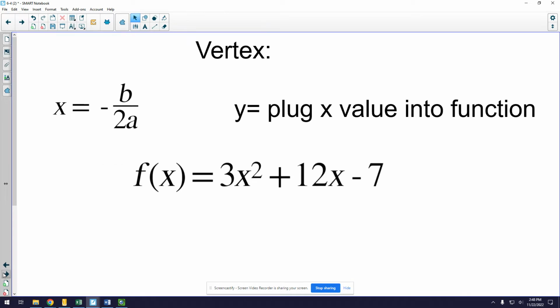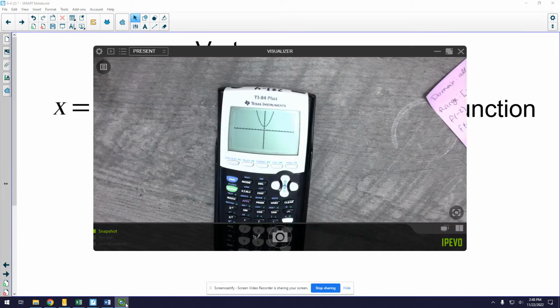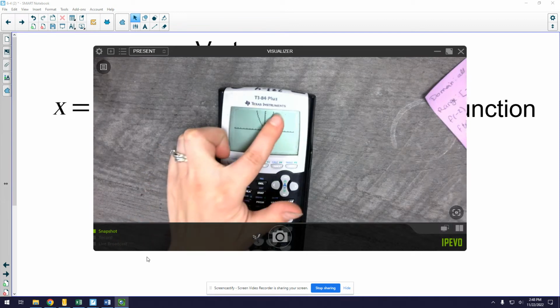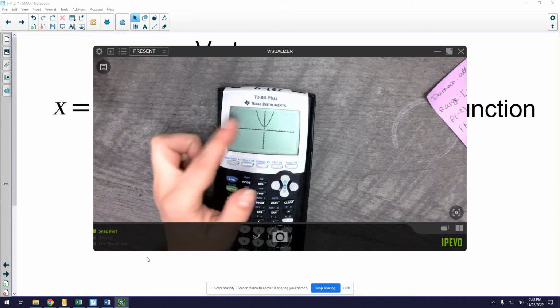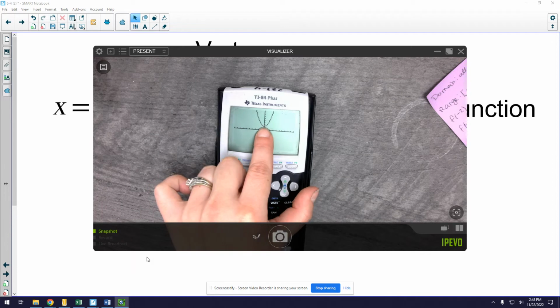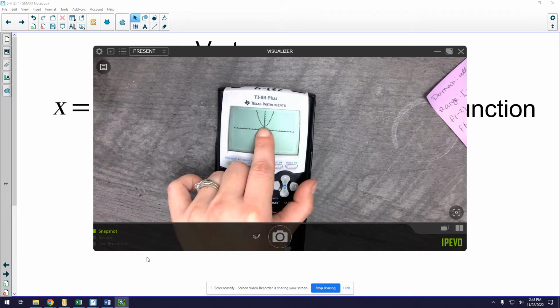The vertex. So the vertex is the highest or lowest point of a graph. So first I'm going to show you, this is a quadratic function, makes a U shape. The vertex is wherever the lowest point, coordinate point is on that graph.